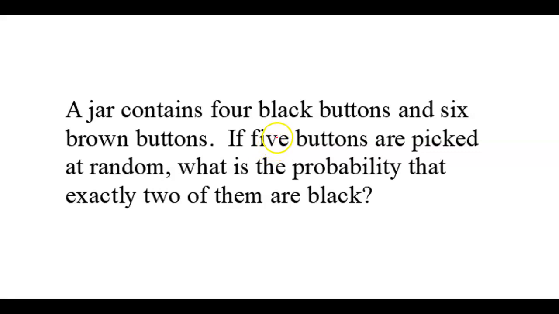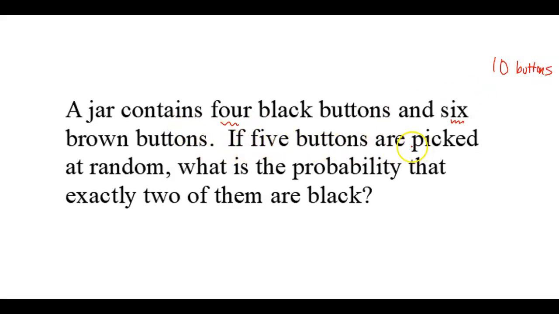Okay, a jar contains 4 black buttons and 6 brown buttons. If 5 buttons are picked at random, what's the probability that exactly 2 of them are black? We have a lot of numbers in here, so we've got to break this down. If there are 4 black and 6 brown, and that's all that's in there, altogether we have 10 buttons. That's our total number of buttons.